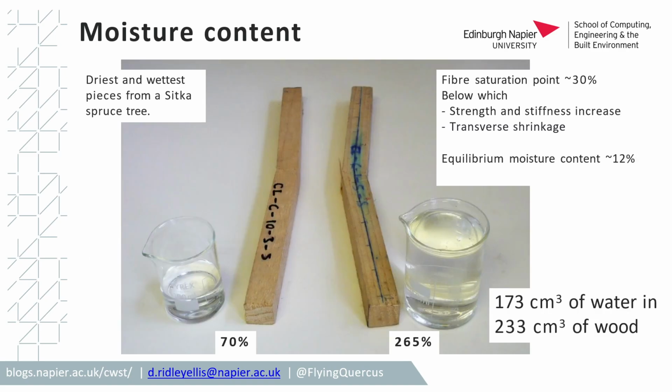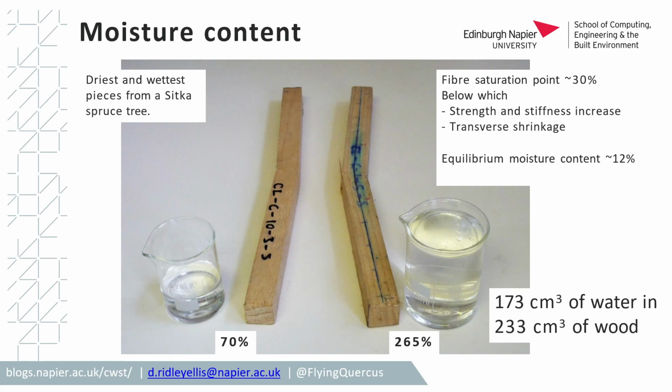So the moisture content, this is Sitka. Now, just an example of how much water would be in that piece of wood at 265% moisture content. That means the water in there is the equivalent of 265% of the weight of the dry mass, with no water in there at all.